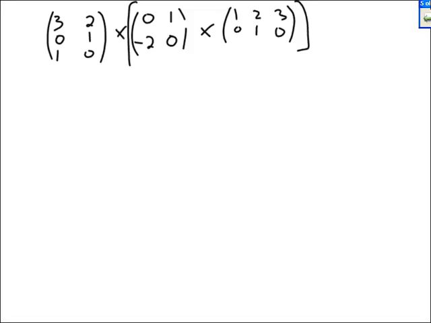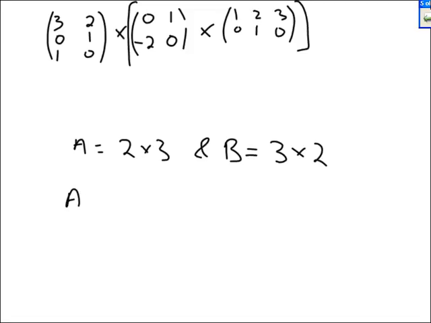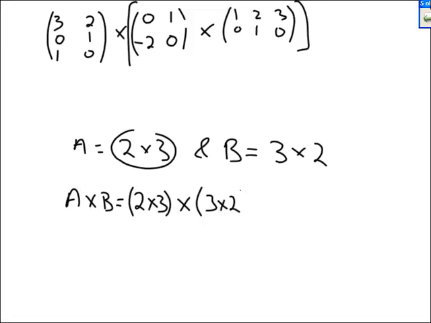Well, suppose A is 2 by 3, and matrix B is 3 by 2. Well, what will A times B equal? A is 2 by 3, by B, which is 3 by 2.